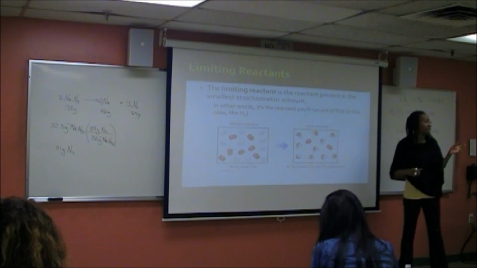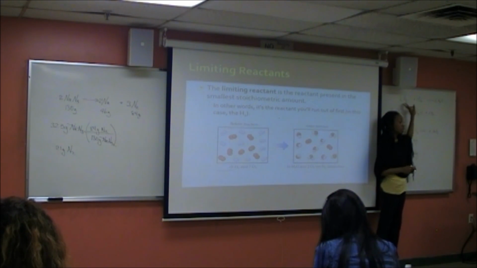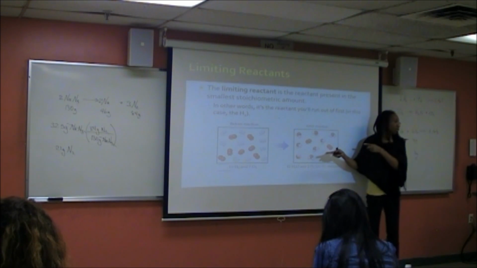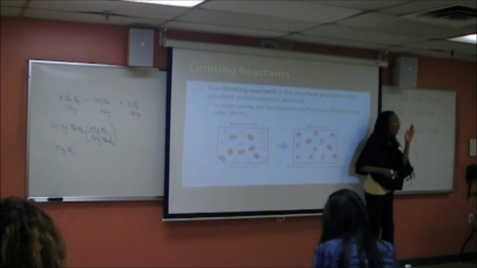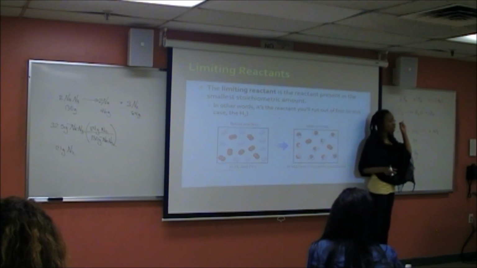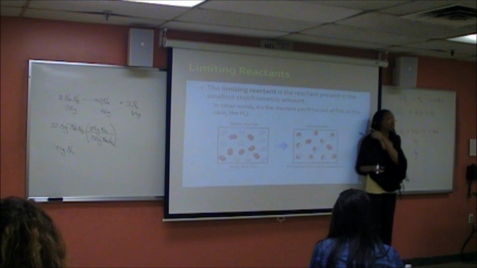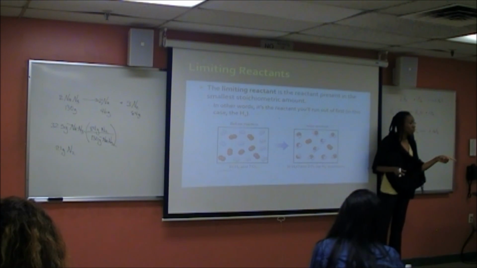Okay, let's take it back. We saw that there's a 2 to 1 ratio, right? 2 hydrogen gases for every 1 oxygen gas. How many oxygen gases do we have over here? 7. That means how many hydrogen gases should you have to get rid of all of those oxygen gases? 14. You need 14. But how much do you have? 10. So which one is going to finish first?